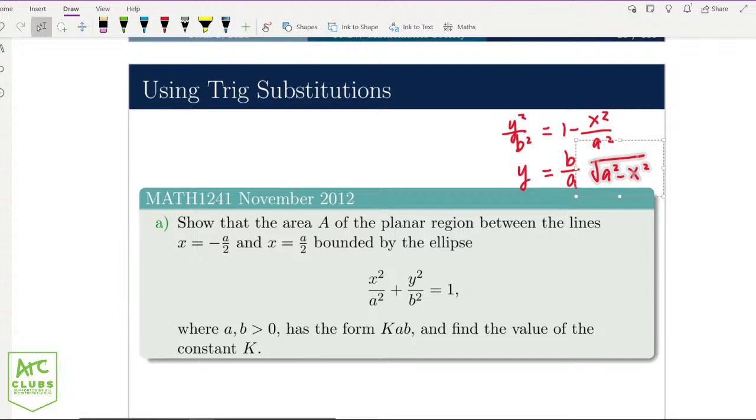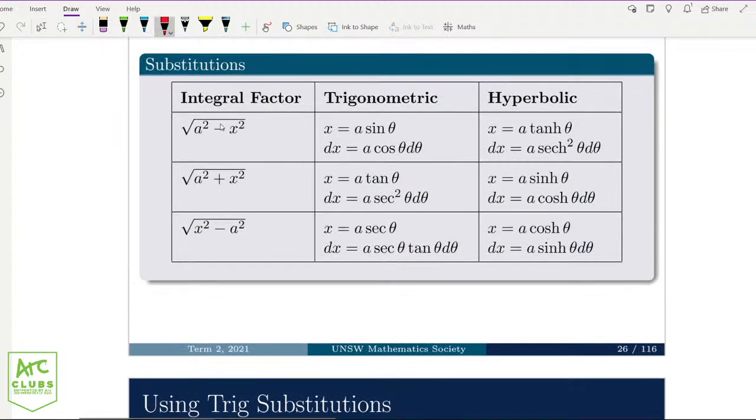The whole point of this question is that this particular integrating factor should look familiar to you, because we already learned the substitution that we can use to solve it. That's this first row over here. We can either use the trigonometric substitution of x is equal to a sine theta, or the hyperbolic substitution of x is equal to a tanh theta, whichever one you want.